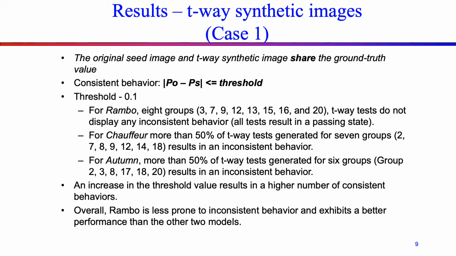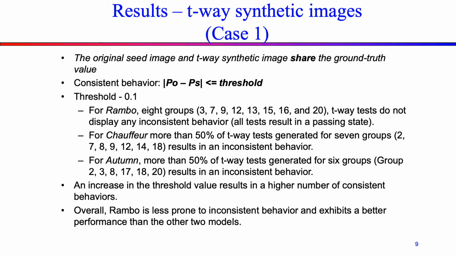For a threshold of 0.1, the Rambo model exhibits a very good consistent behavior, in a sense that for 8 groups, T-way test sets generated for the Rambo model do not display any inconsistent behavior. Whereas for Chauffeur and Autumn, more than 50% of T-way test cases in some cases resulted in an inconsistent behavior.